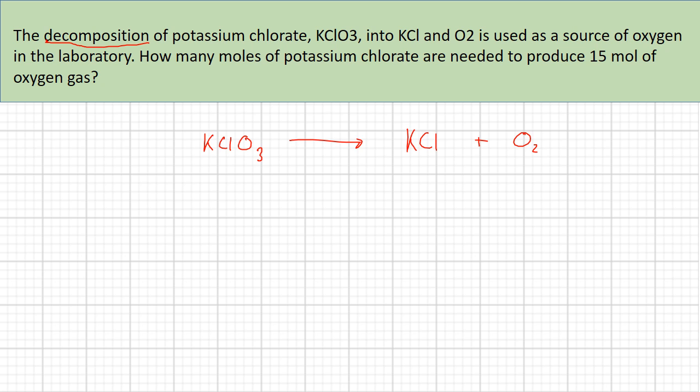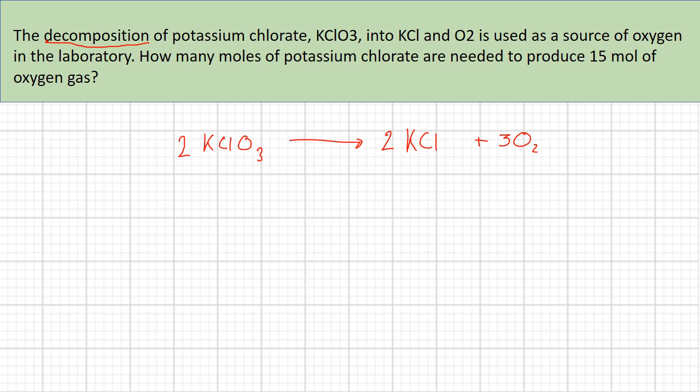They're already balanced. So quite simply, I'm just going to put a 2 in front of this, which will give me 6 oxygen atoms, and then I put a 3 in front of my O2 to give me 6 oxygen atoms. But now my potassium and chlorine are out of balance, but thank goodness they're isolated, and I can just throw a 2 in front of them, and we are good. So we have a balanced equation now.